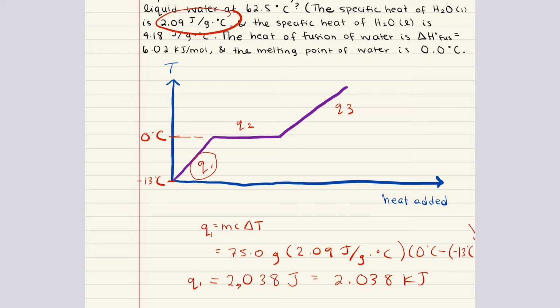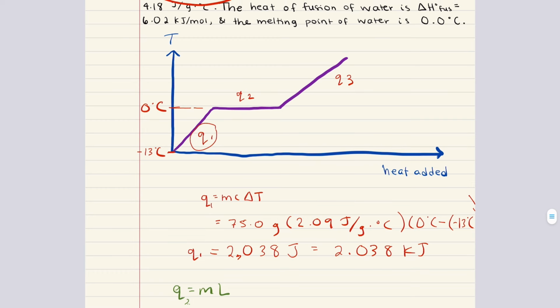Now, the equation that we use for this segment is Q equals mL, where m is mass and L is latent heat. Now, latent heat can be our heat of fusion or vaporization, depending on what you're looking at.